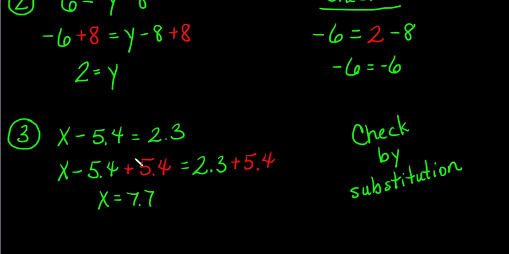If I add 5.4 to both sides, over here it becomes 0, so I get my variable by itself, and x equals 7.7. I can check it by substituting it in for x, and you would see that it does equal 2.3.